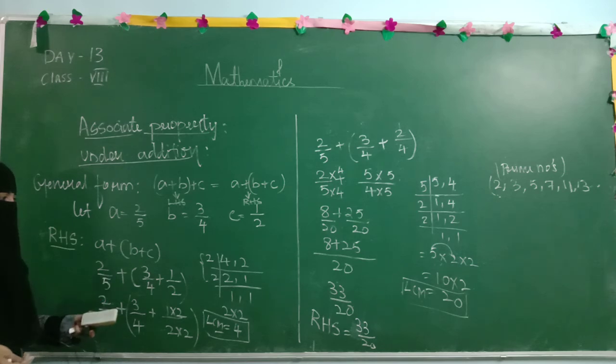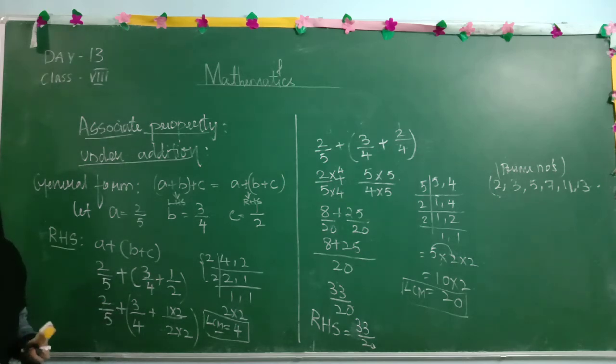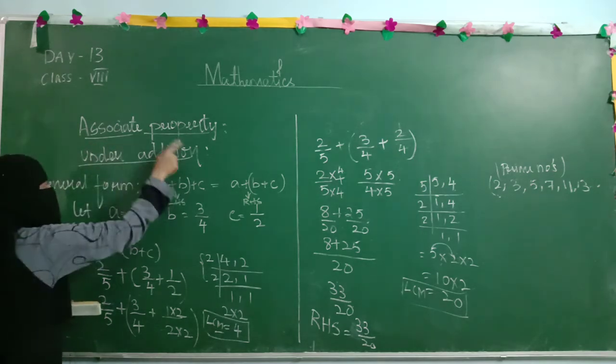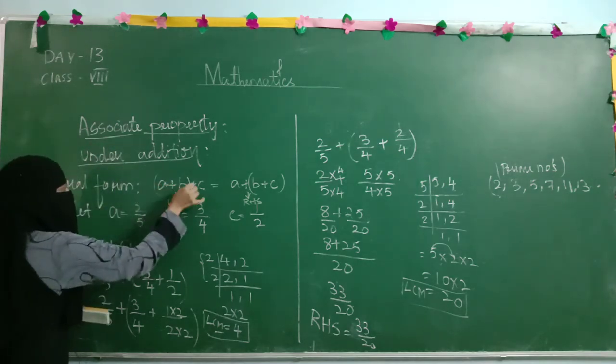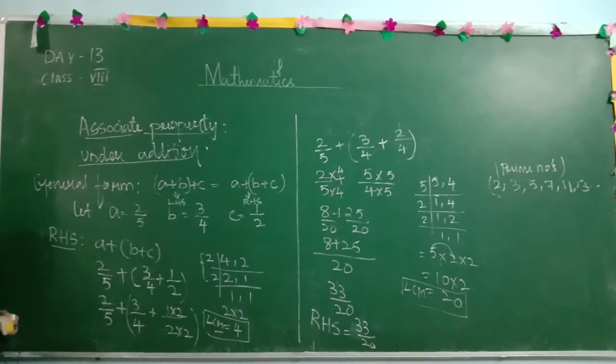So here LHS is 33 by 20 and RHS is also 33 by 20, so both sides are equal. By this we can say that rational numbers are associative under which operation? Yes, overall we have used the operation addition. So we say rational numbers are associative under addition. Is that clear? You can verify by taking your own numbers.